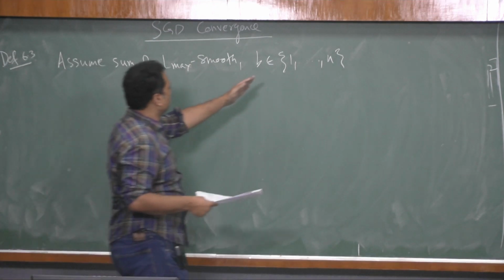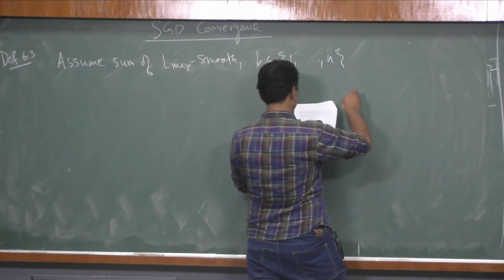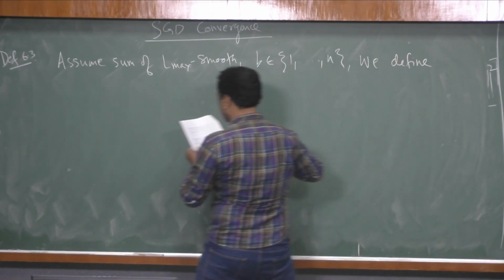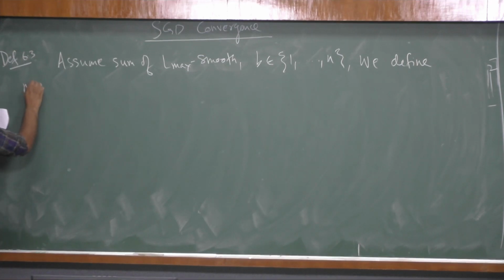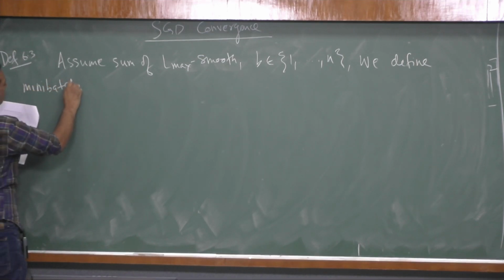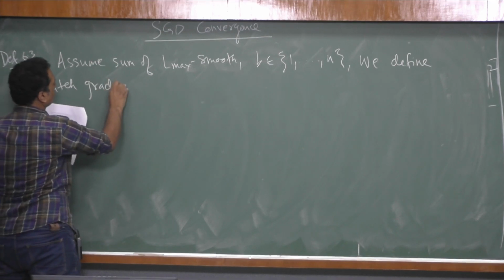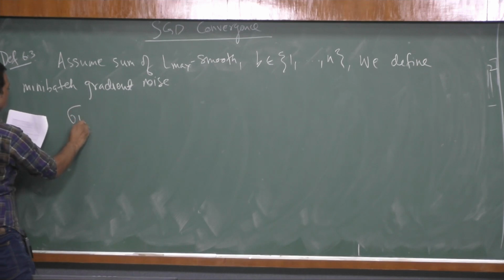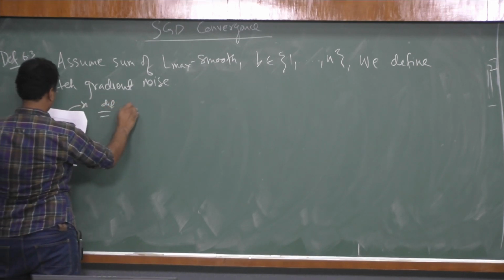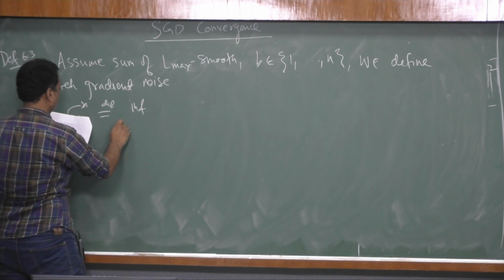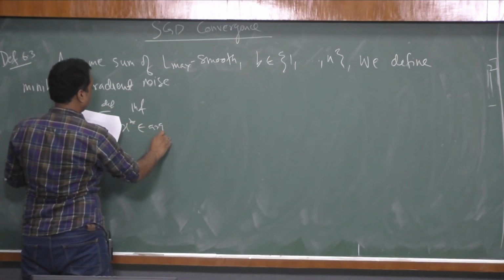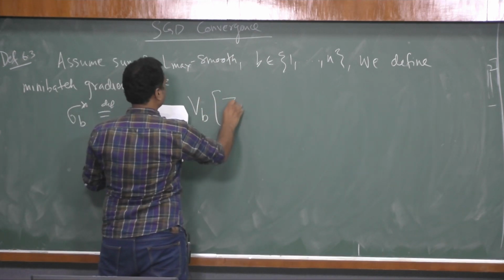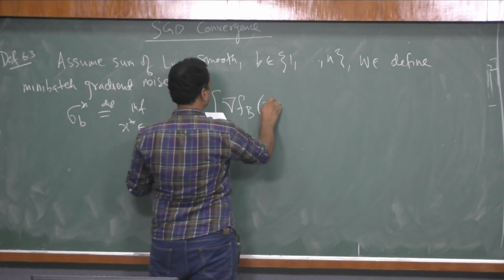Okay, so B equal to 1 will not be very interesting for us because we want to generalize now. So we define the mini batch gradient noise in a similar way: sigma_B star defined as the infimum over x star in argmin of f, of the variance of grad f_B(x star).